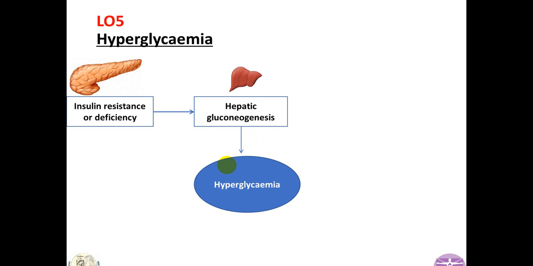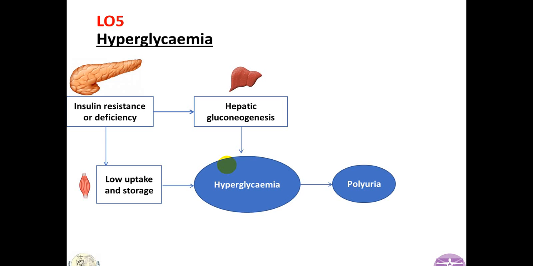And this actually will increase the hyperglycemia in the patient. Insulin resistance or deficiency, and because of low uptake and storage by the muscles, will result in more hyperglycemia because the glucose will not enter the muscle, it will stay in the blood.